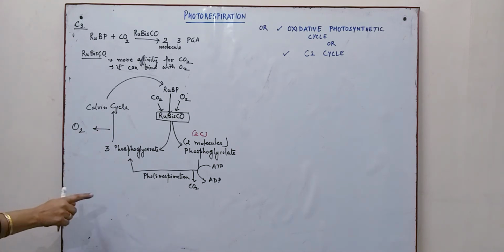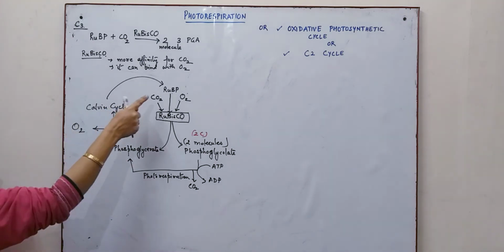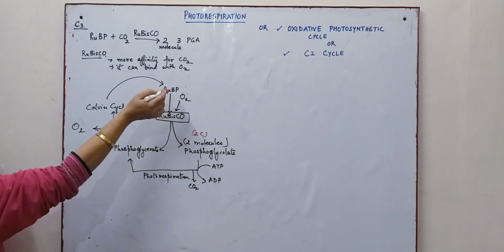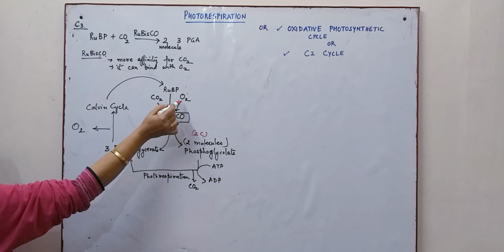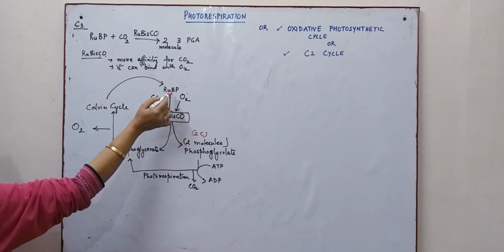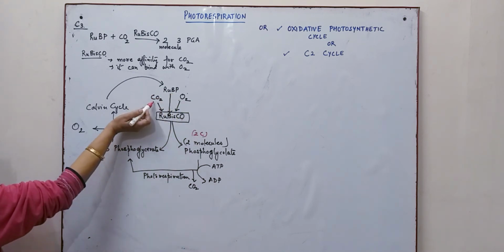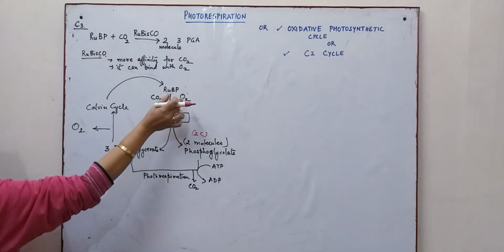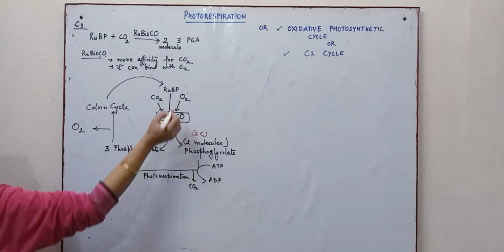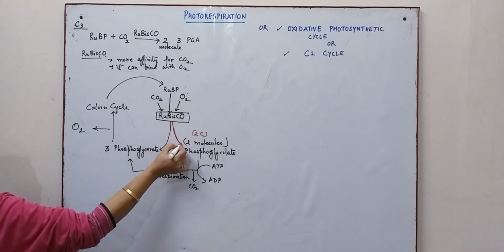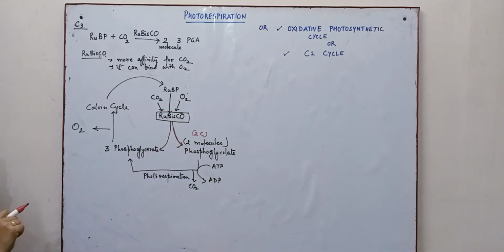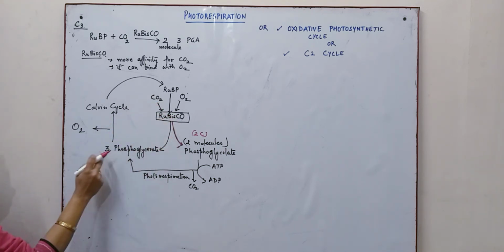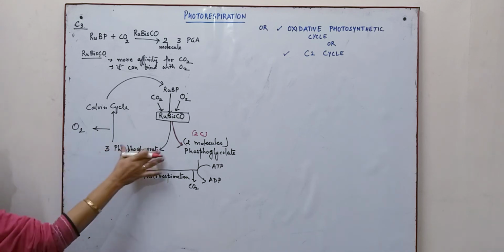Try and understand it again. In certain conditions, the Rubisco enzyme makes the RuBP combine with oxygen, and otherwise, most of the time, it is combining with carbon dioxide. So RuBP, when combining with oxygen, will form two molecules of phosphoglycolate, and with carbon dioxide, the Rubisco enzyme helps in the formation of 3-PGA. That is the normal.